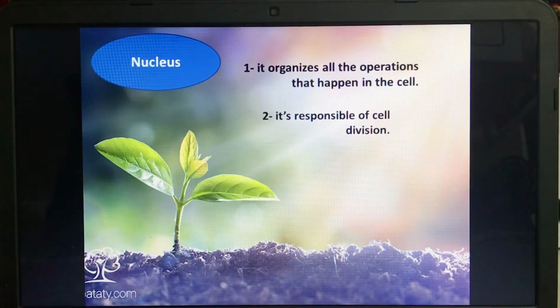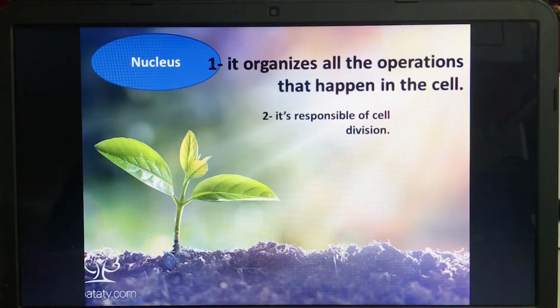Number 1, it organizes all the operations that happen in the cell. Operation means process. So any process or operation that happens in the cell is organized by the nucleus.